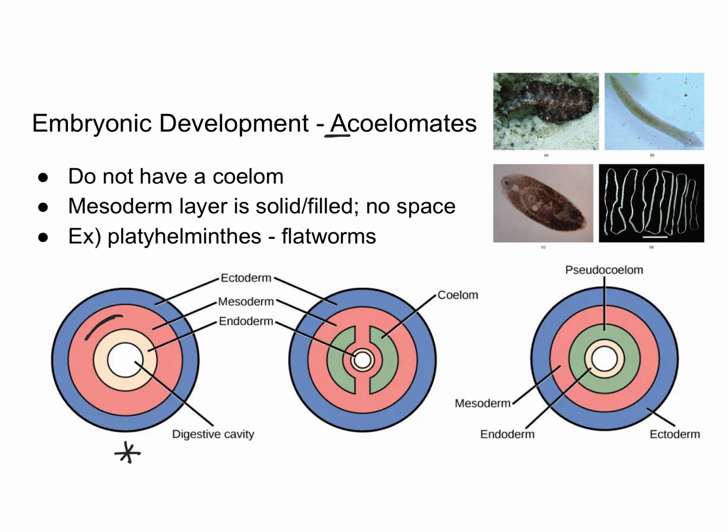An example of an acoelomate would be Platyhelminthes, which makes up our flatworms. You might be most familiar with a tapeworm, shown in this picture here. These are organisms that do not have an internal body cavity.